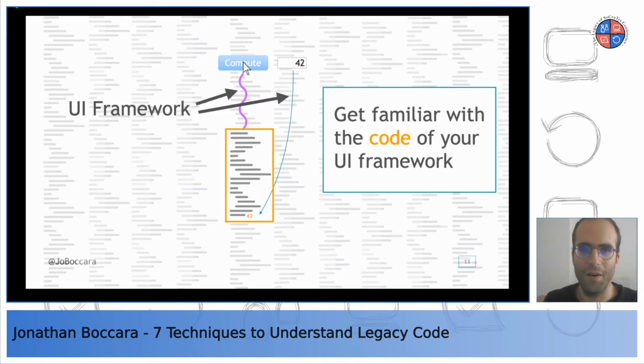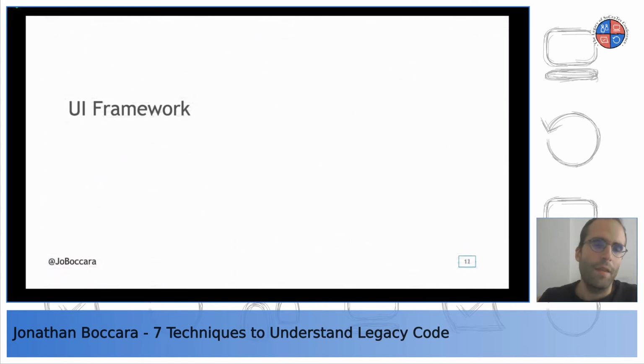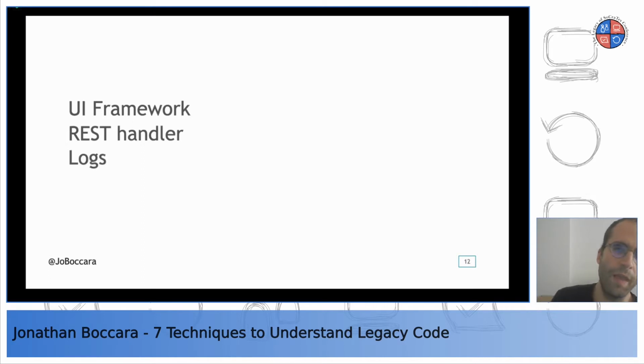Now, the UI framework is relevant if your app has a UI, but if it doesn't, then it doesn't make a lot of sense. So perhaps you're building a service that doesn't have a UI but some interface, like a REST interface, for example. Or perhaps what you're seeing from the application is just logs. Or perhaps what you're seeing is unit tests. It doesn't really matter.